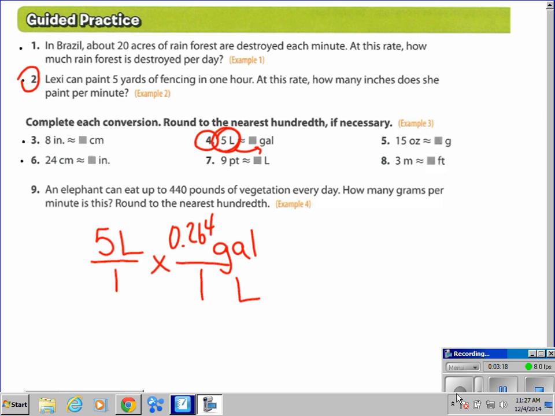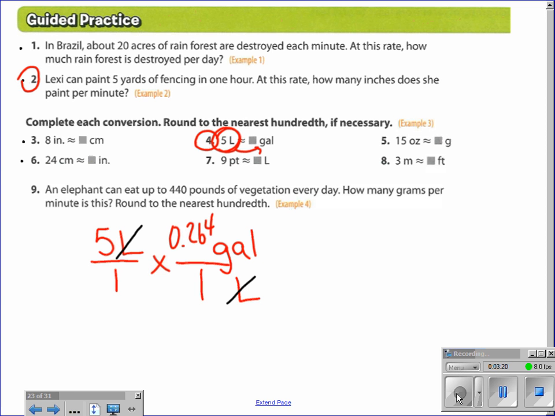Now if you look diagonally, you can cancel those labels, and now you're left with the label of gallons, which is what you wanted. So you take 5 times 0.264, and you would end up with 1.32. And it's gallons, just like they asked. So here it is, and that's what you would be able to plug in.